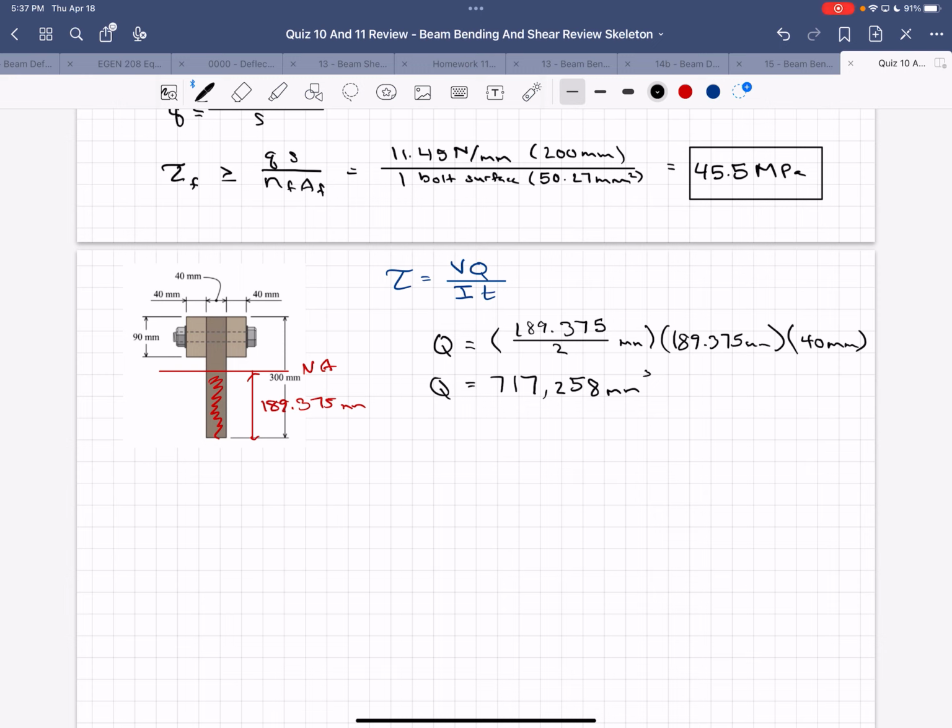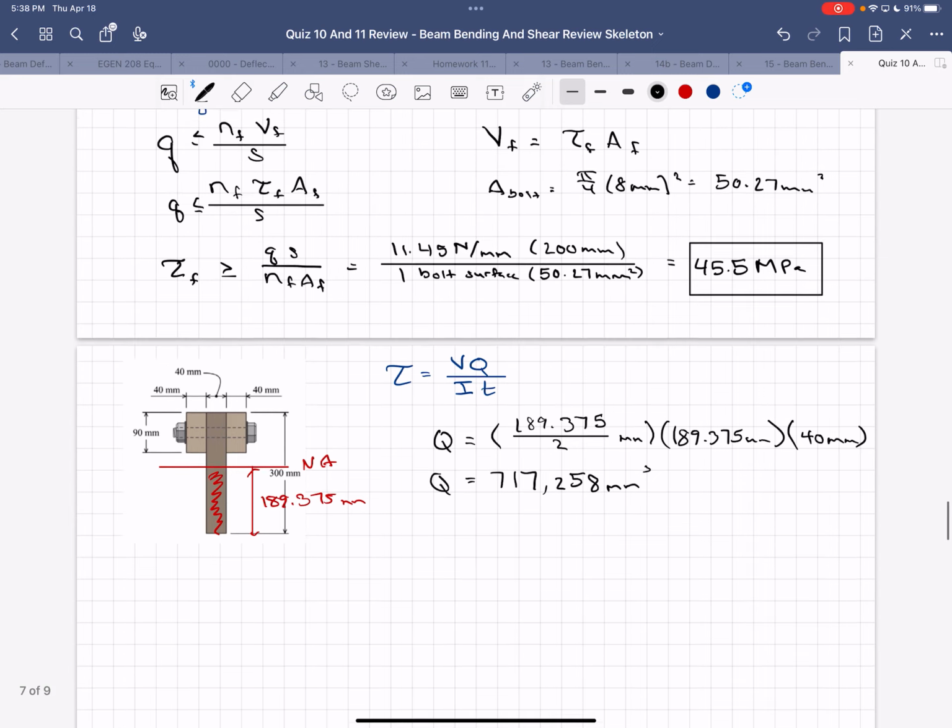Just shear stress and shear flow. We're not doing that yet. You haven't even done homework about it yet. You don't have to do any integrals. There's no integrals. Okay. So, there's Q.